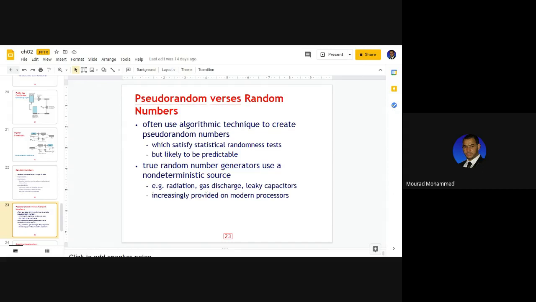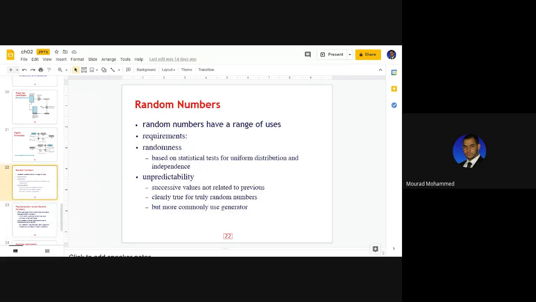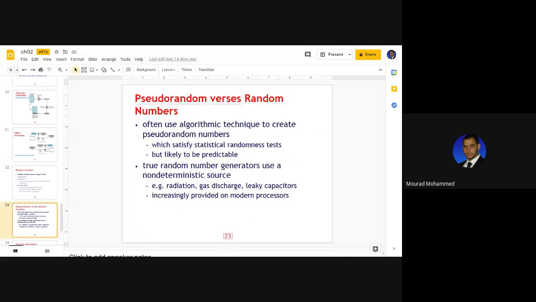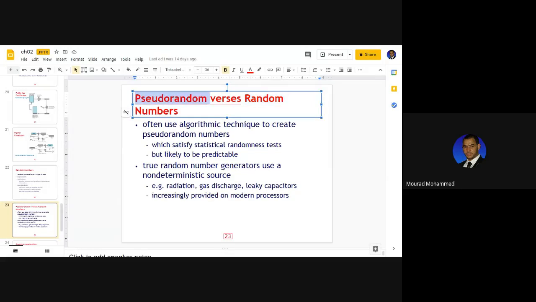The pseudo-random number has a range. For example, we say that it has to be made up of 5 digits max. So it's not easy, but it's much easier to detect and predict when we compare it to the random number.